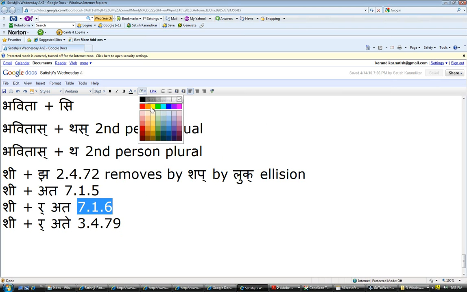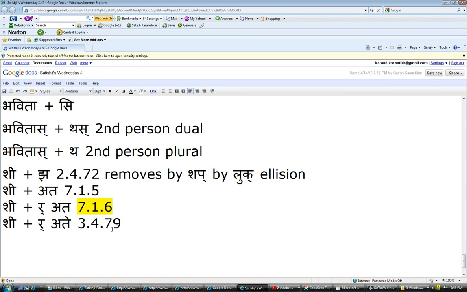Okay, so let me just highlight 716, and there's one more rule which I want to point out to you, then we'll go back to today's lesson, and that one is that it takes the guna. This dhatu she takes the guna, because in Atmanipada what happens is that even though you could apply sarvadhatuka, ardhadhatuka, this pratyaya ja was a pratyaya which is sarvadhatukam. Ting shit sarvadhatukam.